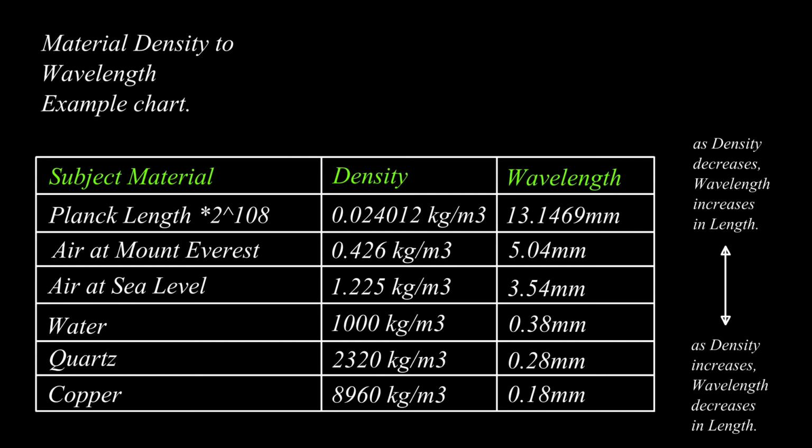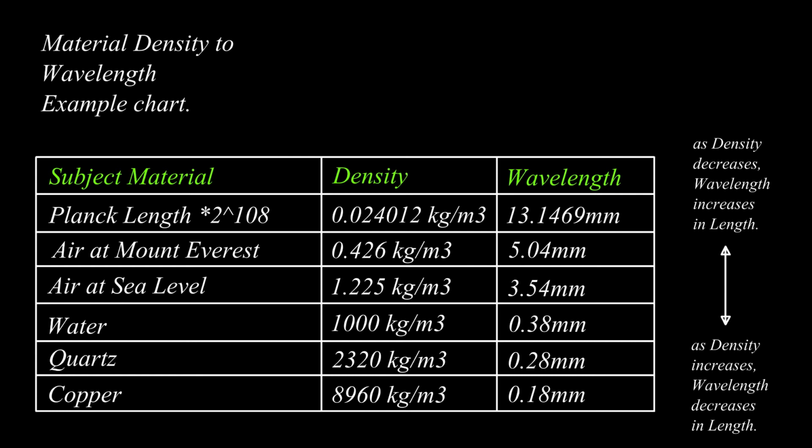Water, which is how the kilogram is scaled, so it's exactly 1,000 kilograms per cubic meter, which, because it is much denser than air, the wavelength shortens all the way to 0.38 millimeters. Then quartz, with a wavelength of 0.28 millimeters, and then copper, denser yet again, a wavelength of 0.18 millimeters.